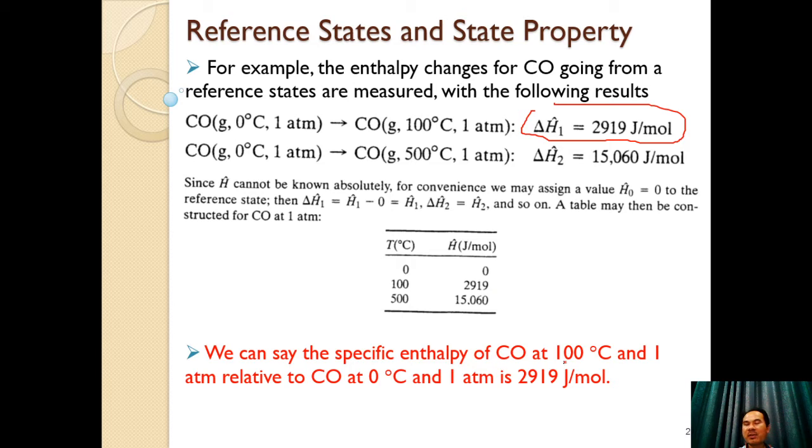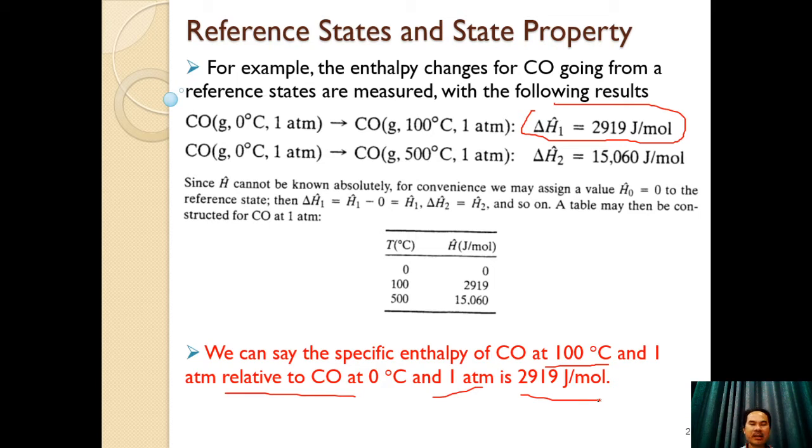For that case, if we choose one state as reference, we have to assign a zero value of enthalpy. We can say that the specific enthalpy of carbon monoxide at 100 degrees Celsius and 1 atm, relative to carbon monoxide at 0 Celsius, 1 atm, equals 2,919 Joule per mole.